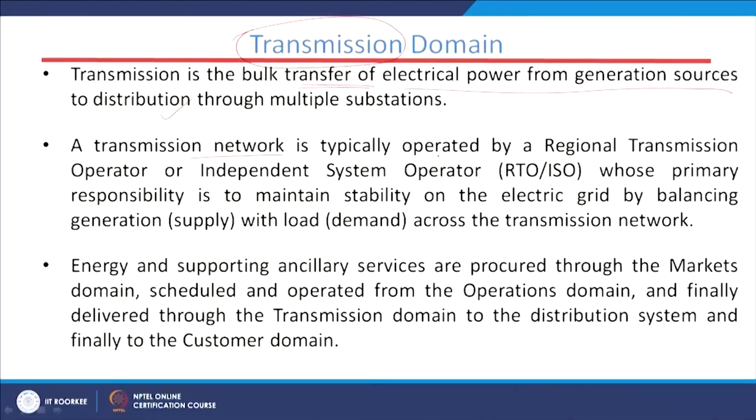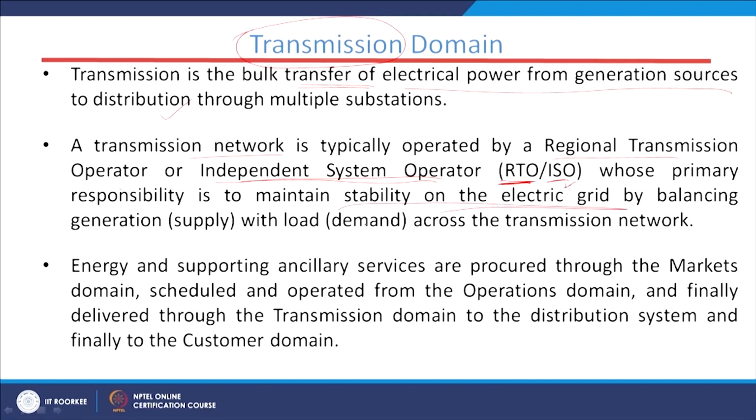Now, this transmission network is typically operated by two entities. One is the regional transmission operator, known as RTO, or it is also known as the independent system operator, ISO, whose primary responsibility is to maintain the stability in the electric grid.